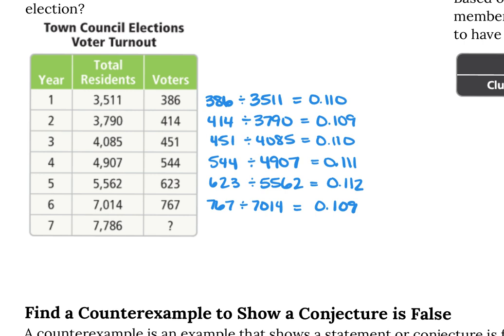So if my total residents were 7,786 for that 7th year, and only about 11% of those, so 0.11, actually voted, then that means that 856.46 voted. Well, we can't have a portion of a person who actually voted, so we're going to round that down.